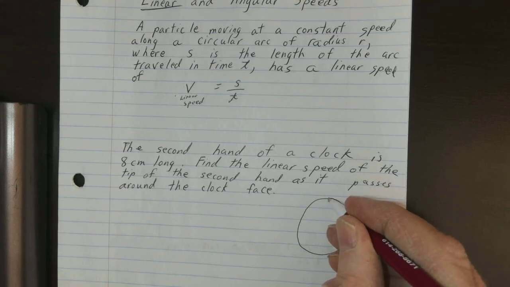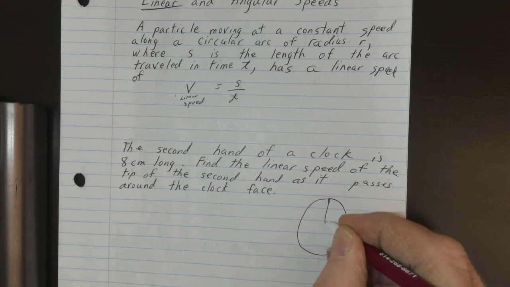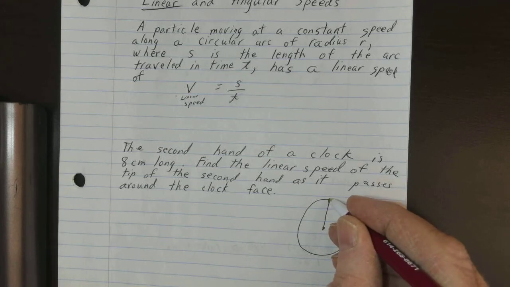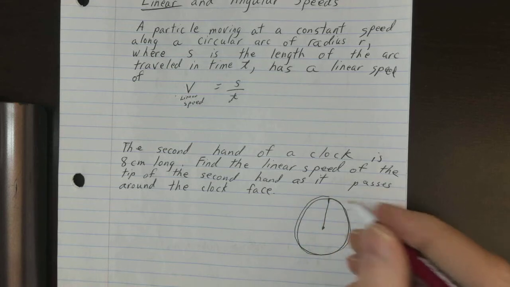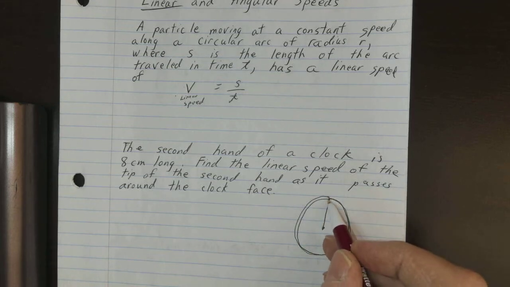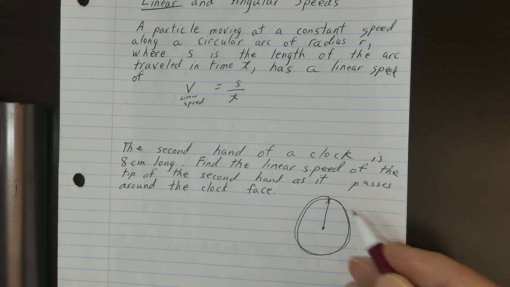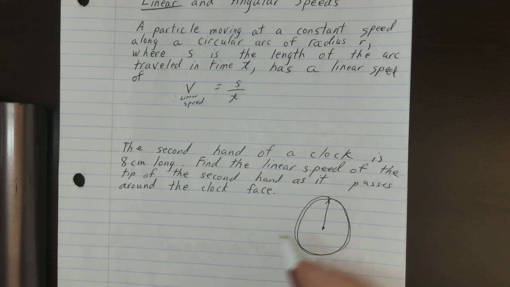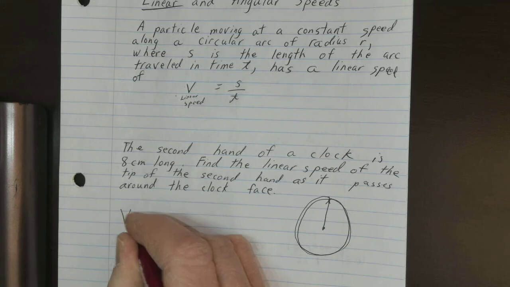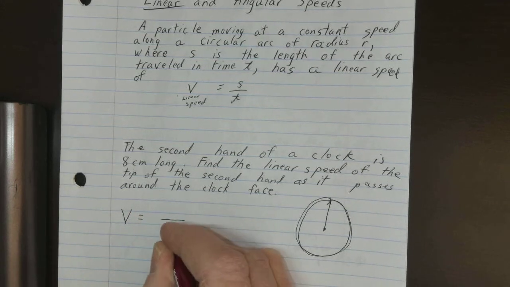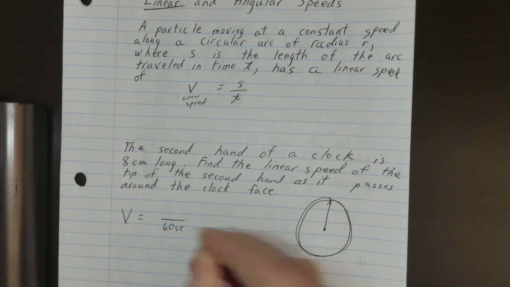If I start up here at 12 o'clock and go all the way around, it'll take 60 seconds to do that. So we kind of know the speed there. And so that's the time, that's the 60 seconds.